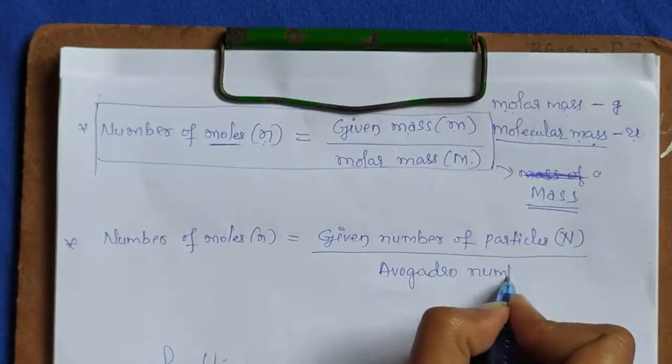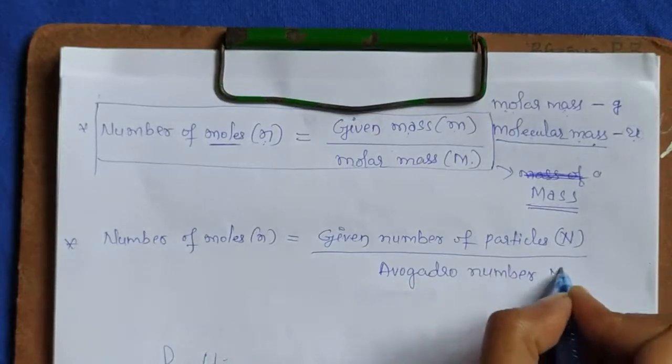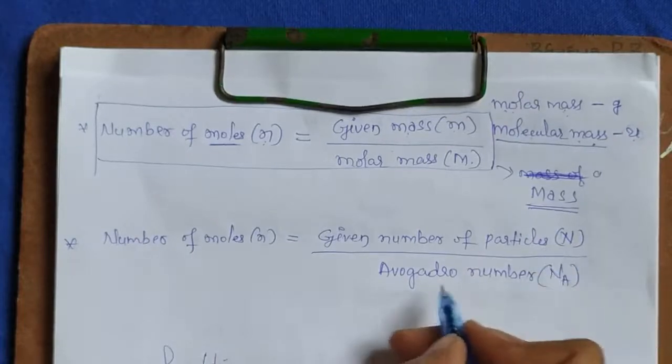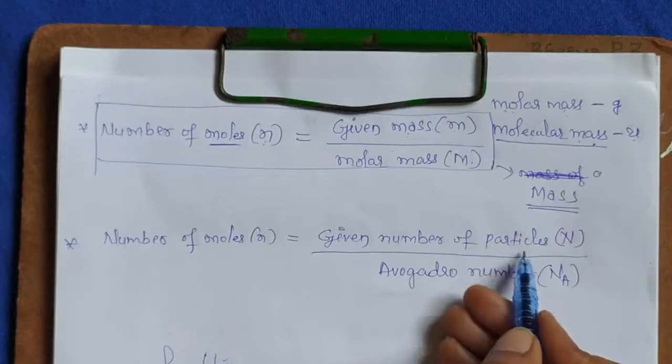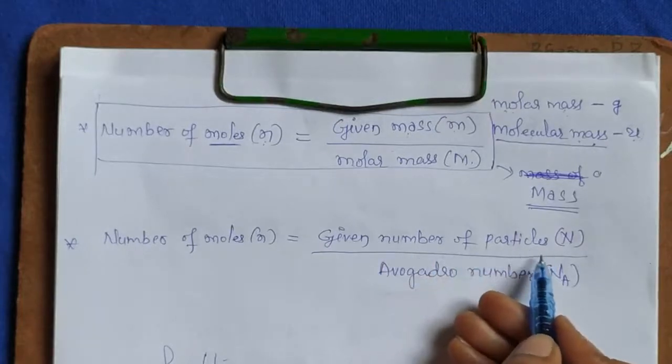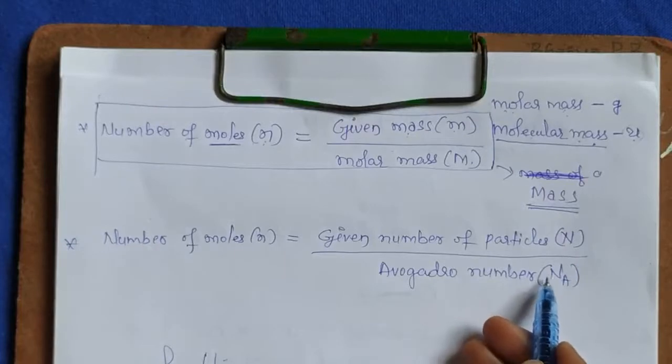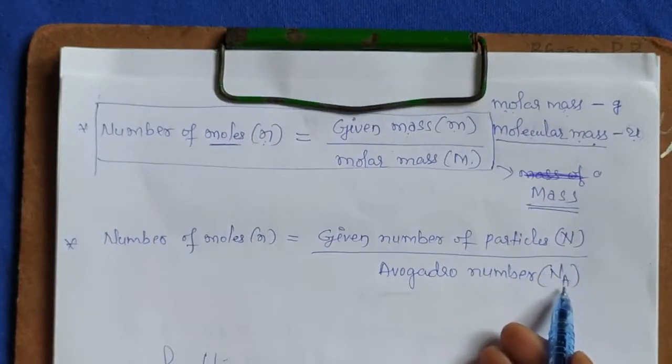The symbol for the Avogadro number is capital N subscript A. See the difference between Avogadro number and the given number of particles. For given number of particles, we are just writing capital N. For Avogadro number, capital N and subscript A.